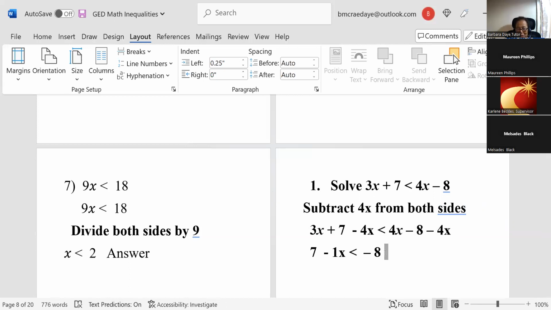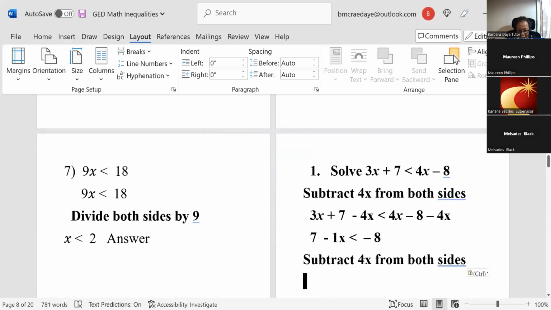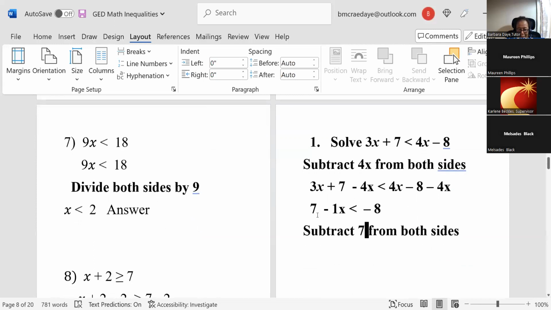What do I have to do? Subtract 7 from both sides. That's it. Very good. So let me copy that and put the 7 there. Subtract 7 from both sides. And let's copy what's left.